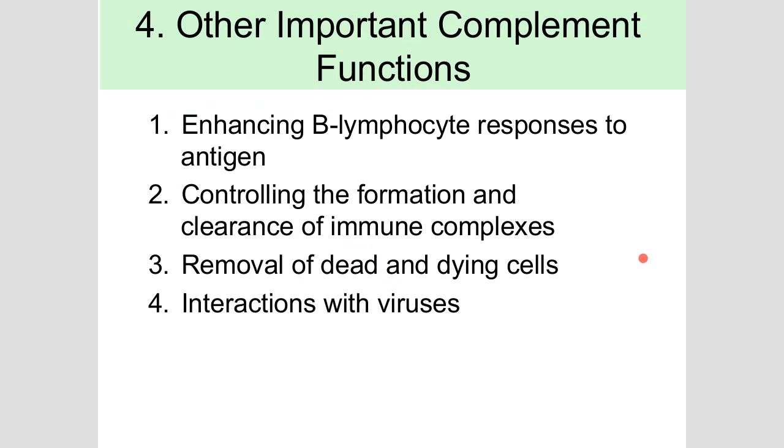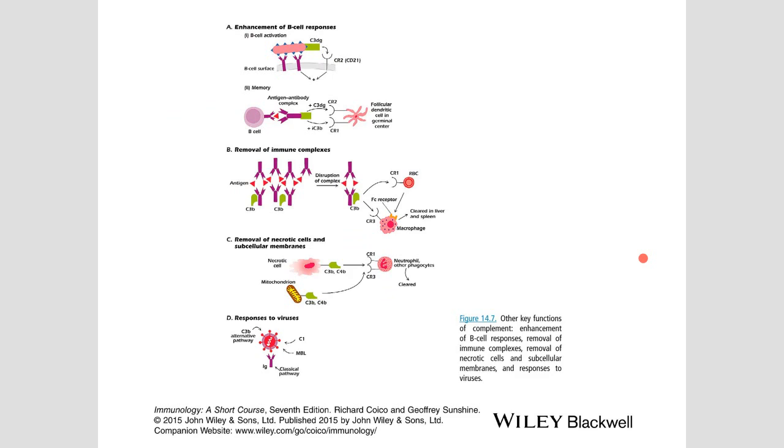Other than that, the general effects are that they enhance B-cell lymphocyte responses. They control the formation and clearance of immune complexes; we talked about that in type 2 and 3. As a homeostatic mechanism, you can also remove dead and dying cells. They also interact with different viruses. I would want you to look at this figure and see how complement enhances a B-cell response, which we already talked about because of the antibody having the site for complement.